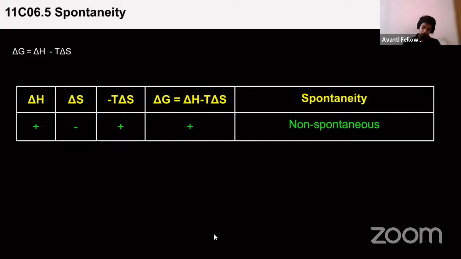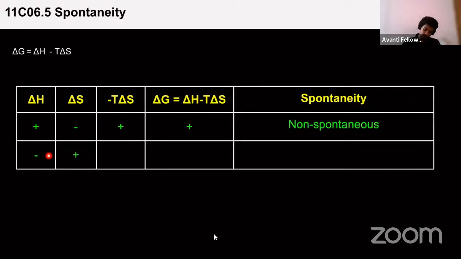Next, if delta H is negative and delta S is positive, what is the minus T delta S value here?